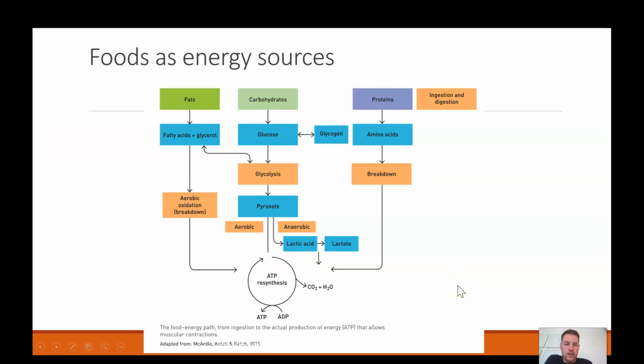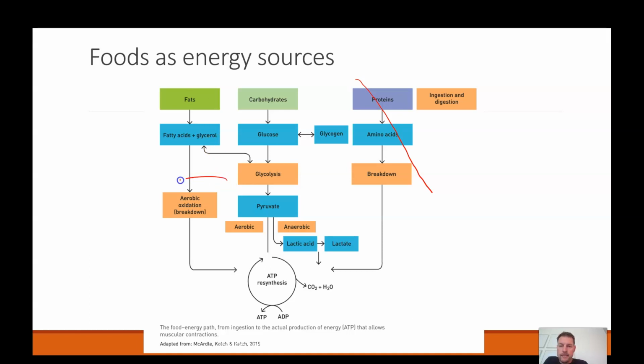Okay, so this diagram could be a bit confusing for you, but I'll just highlight the main things that I want you to remember. Remember, proteins, not really going to be that relevant for most questions we're going to be getting. It's only for those ultra long distance endurance events, which go for days.